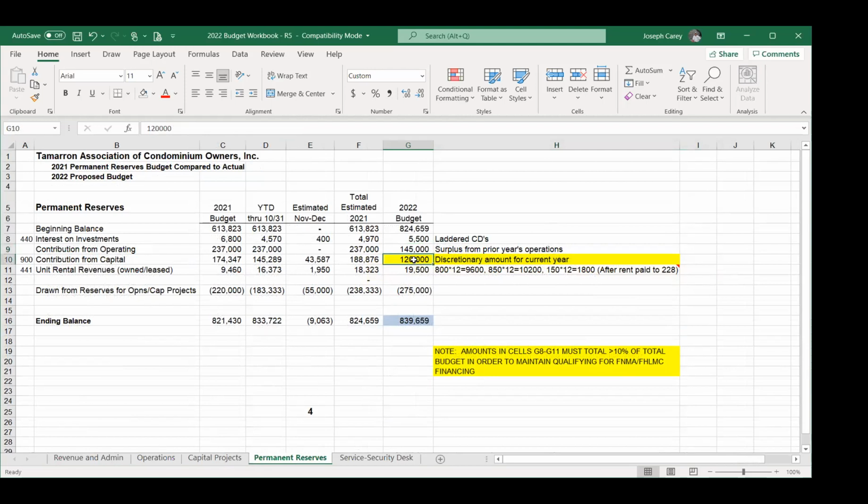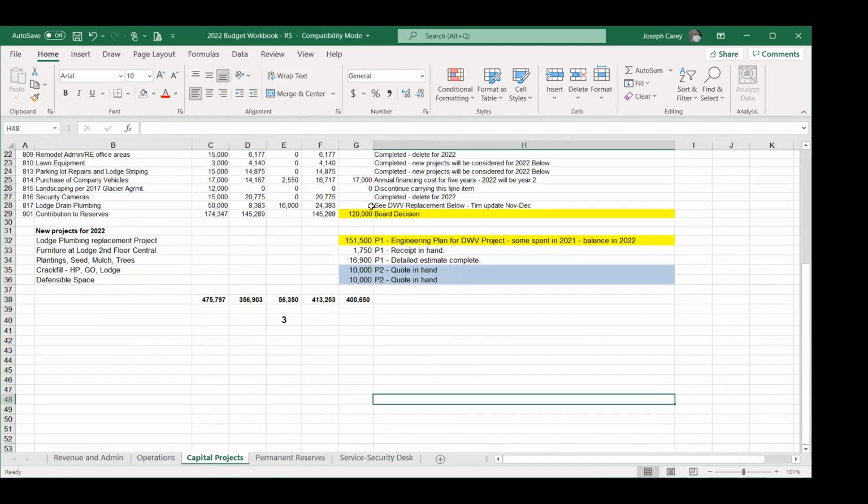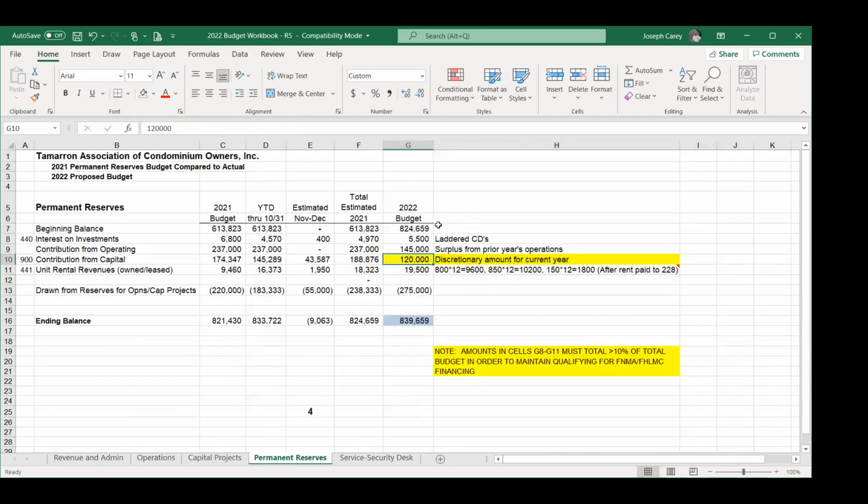Contribution from capital, again, this number equates to that number. I'll hardwire those together, so when we change this one, it'll change this one. And 19,500 is the rental revenue that we received from 2 units, 110 and 114, that the HOA owns.